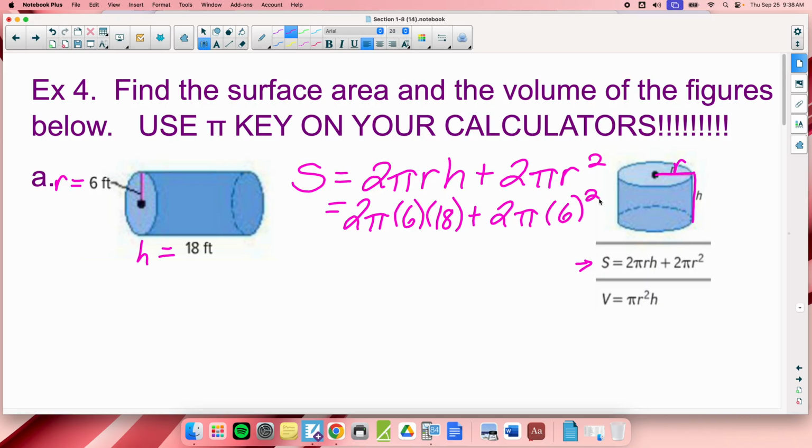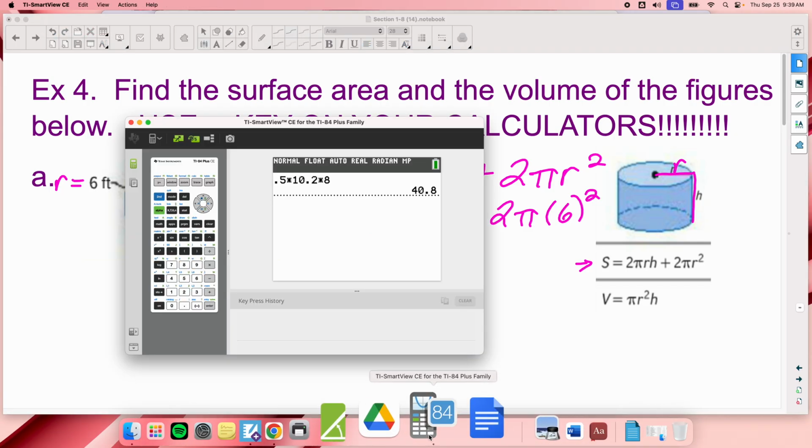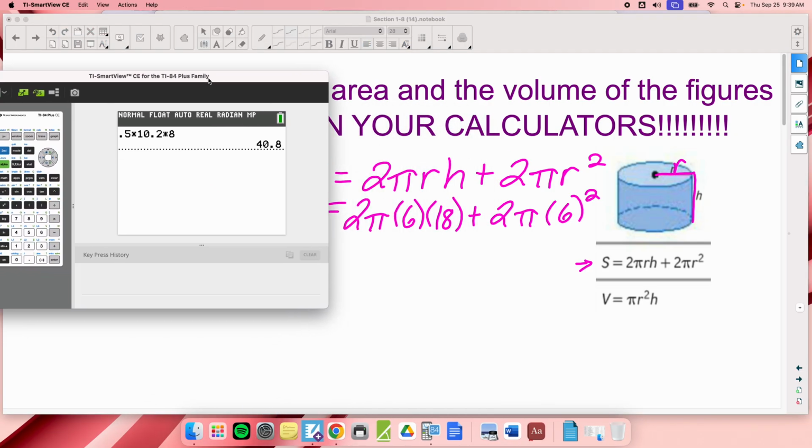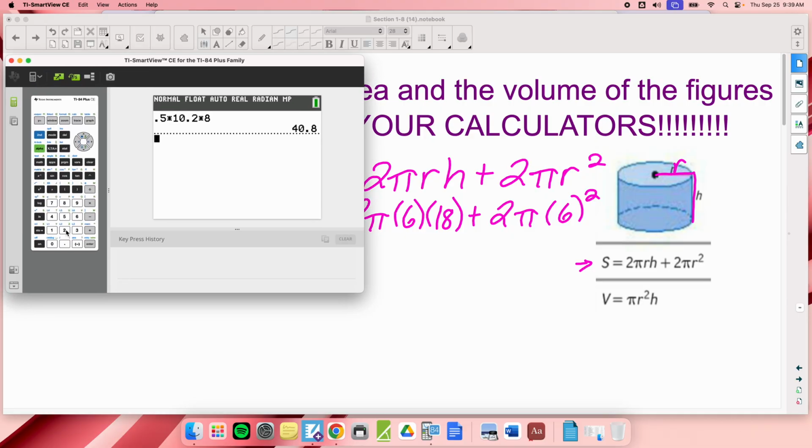Now we just punch that into our calculator. So if you bring up your calculator, okay, we can type this in. So we are going to go 2 times, and remember that you're gonna use the pi key, not 3.14.